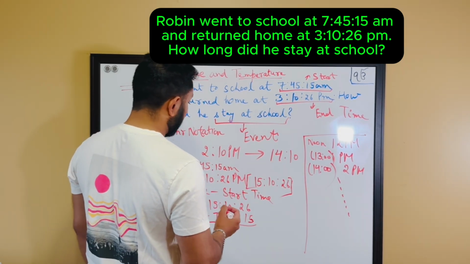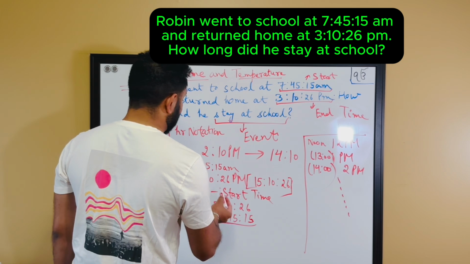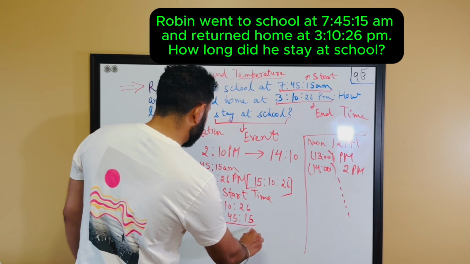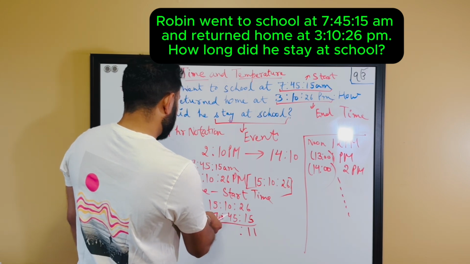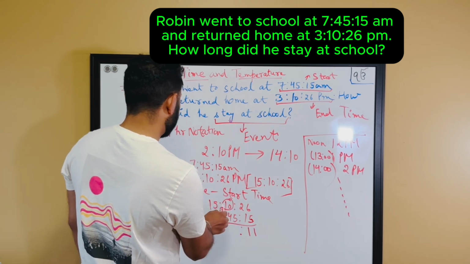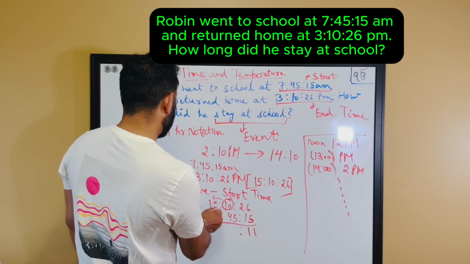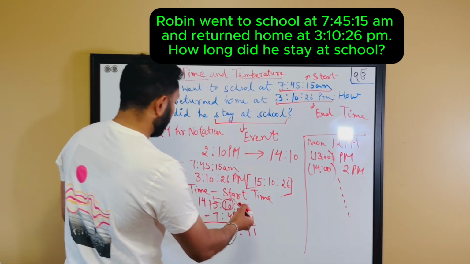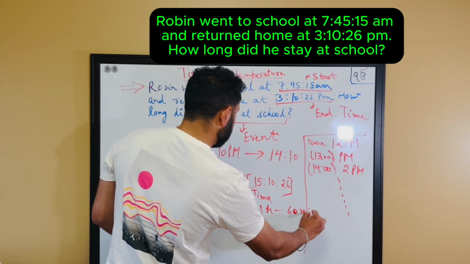As per the rule, we already know that seconds have to be subtracted from seconds, and the same goes with the minutes and hours. So if we subtract 15 from 26, it comes out to be 11. And here, if we subtract 45 from 10, 10 is a smaller number, so we have to borrow from the hour. If we borrow 1 from the hours, here 14, in 1 hour there are 60 minutes.